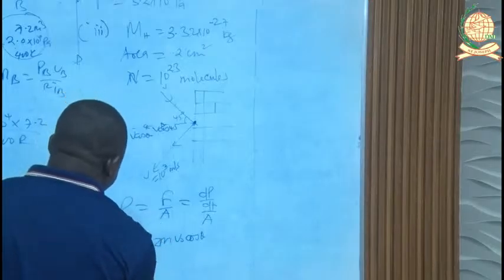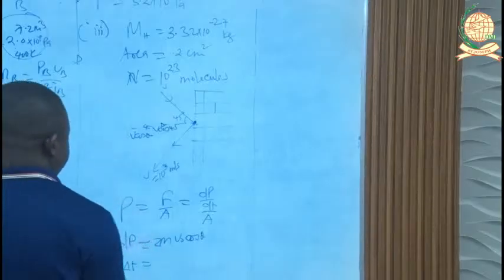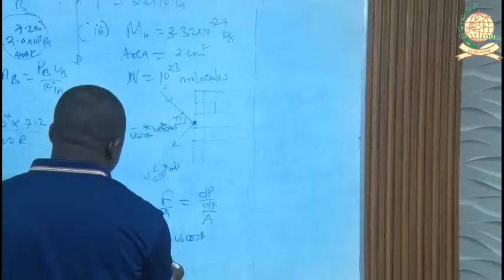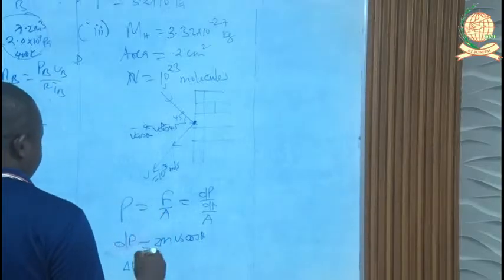What will be the change in time? The time normally is equal to 1 over the number of molecules colliding.